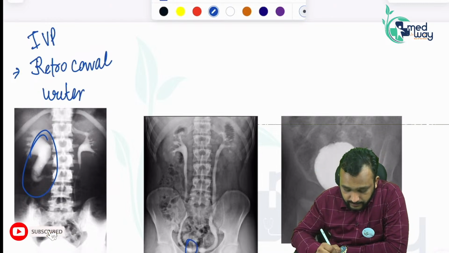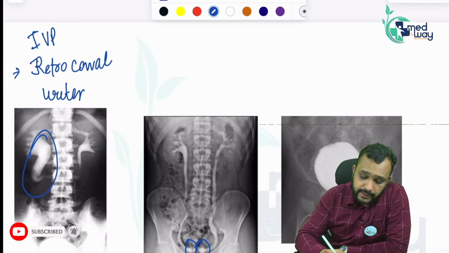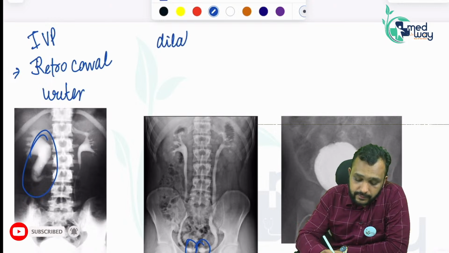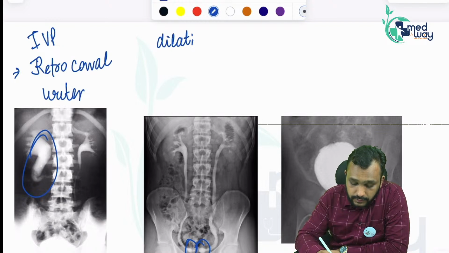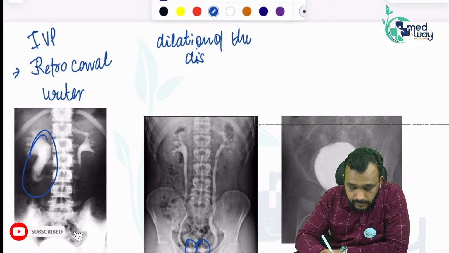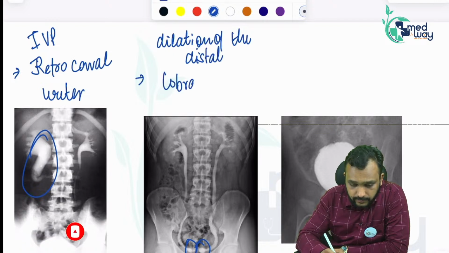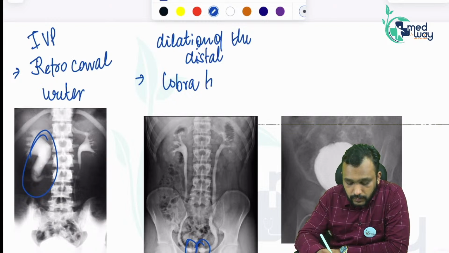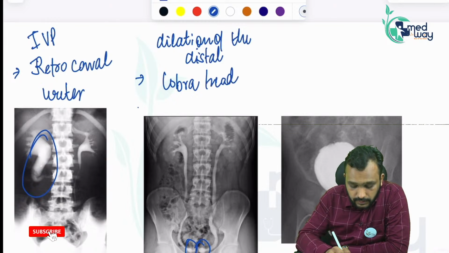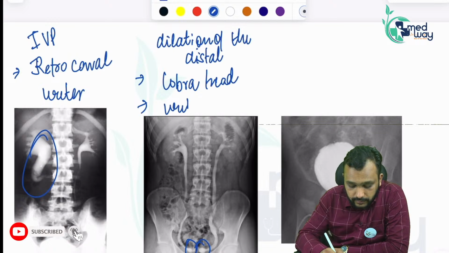In the second image, we can see that there is dilatation of the distal ureter, giving the cobra head appearance. These are seen in patients with ureterocele.